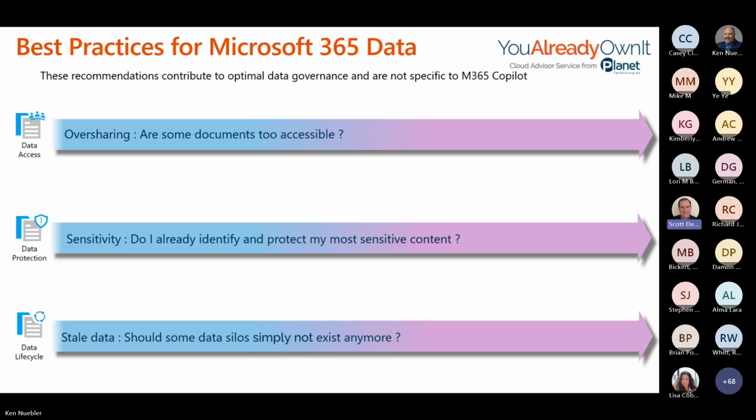All of this is really now important as we're bringing in Copilot, to help enable our end users with some really powerful tools, but also making sure that we're remaining compliant at the end of the day as well.